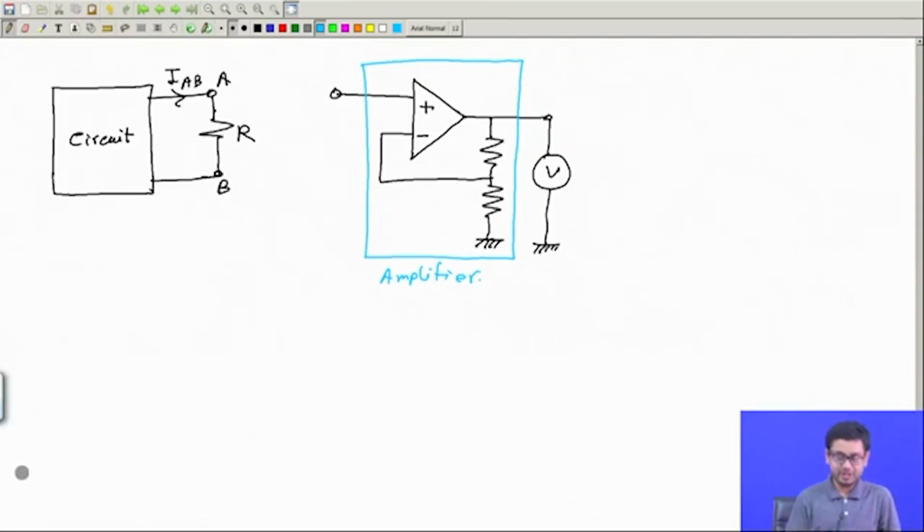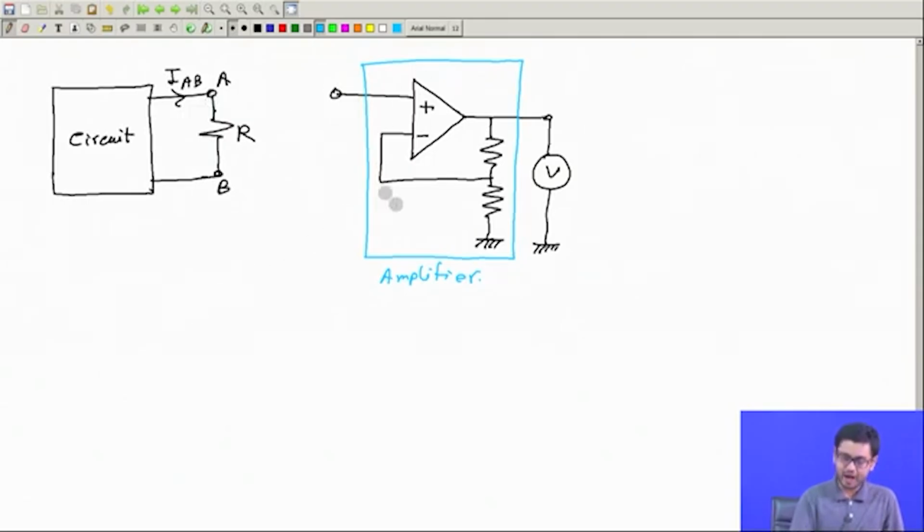Now there is a big question, how do I connect it? Because you see I want to measure the voltage between these two terminals A and B, and my amplifier as I have drawn has only one input. So can you guess how should I measure this voltage?